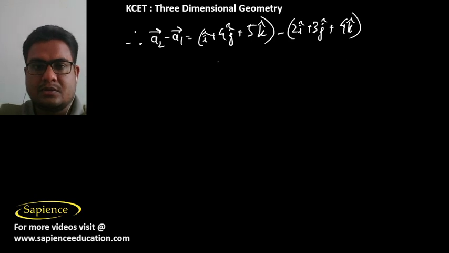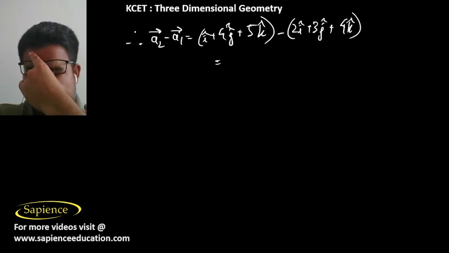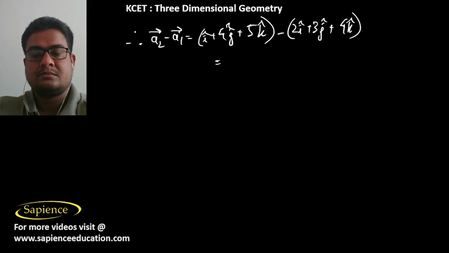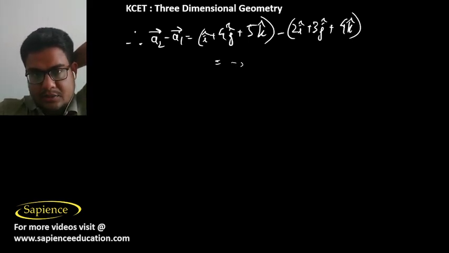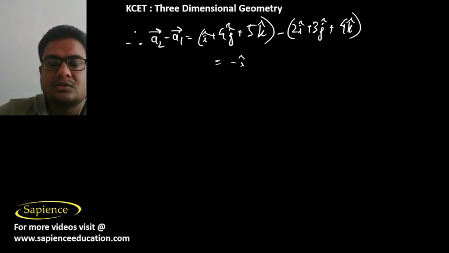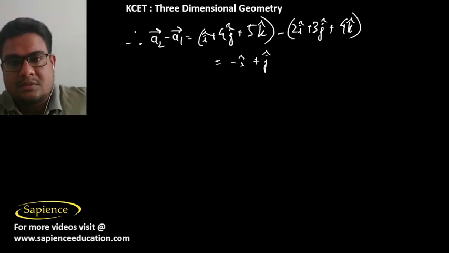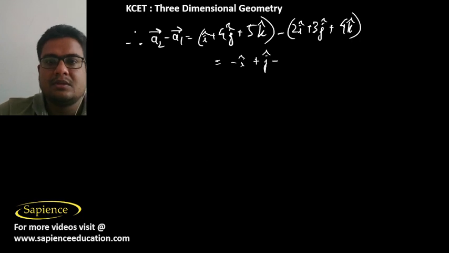So this will be equal to i cap minus 2 i cap, which will be minus i cap, plus 4 j cap minus 3 j cap, so it is plus j cap, and 5 k cap minus 4 k cap, that will be plus k cap.